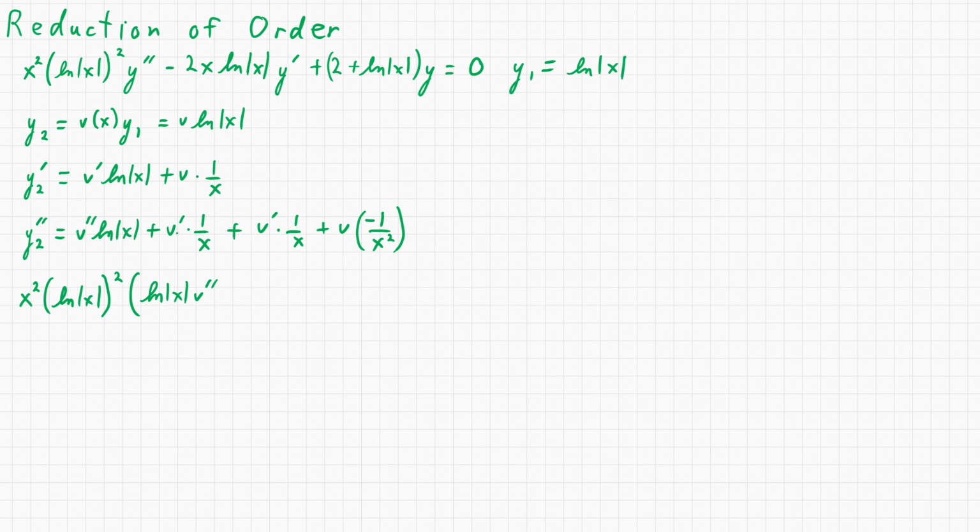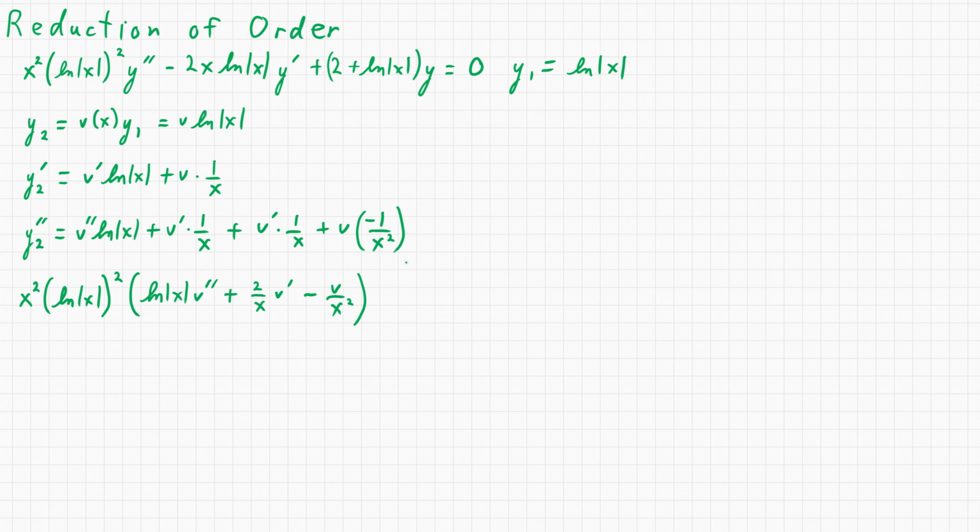Then I've got a plus 2 over x times v prime. And then a minus v over x squared. Okay, that's the first term.